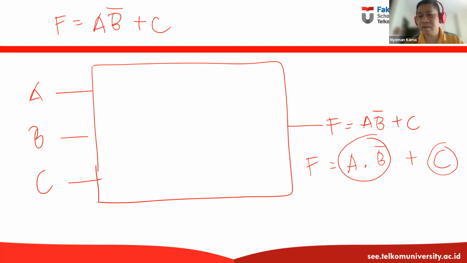Then, after that, we add both values to find F. So the last function to get the value of F is addition, and addition is represented by an OR gate. So we're going to have the OR gate here.